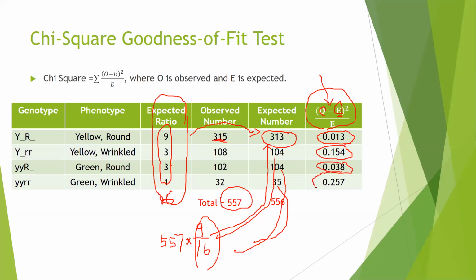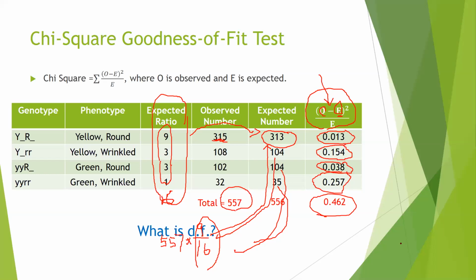And then you add up all these numbers together to get your chi-square test statistic. Now, everyone knows when you do hypothesis testing, you need to get a p-value to make the final conclusion.